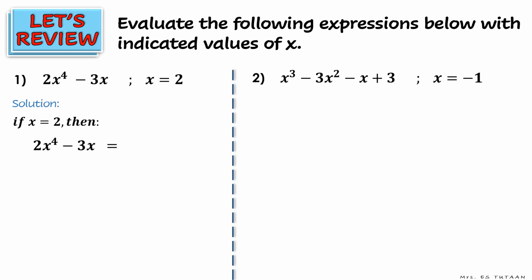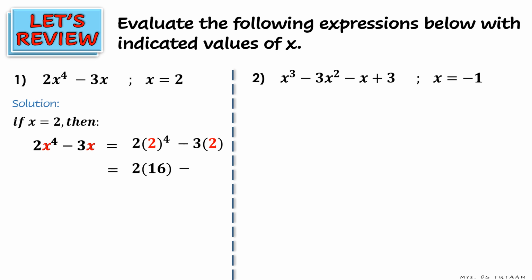Lahat ng variable x sa ating expression ay papalitan natin ng binigay na value ng x, which is 2. So that means 2 times 2 raised to the 4th minus 3 times 2. And this will give us 2 times 16. 2 raised to the 4th is 16.